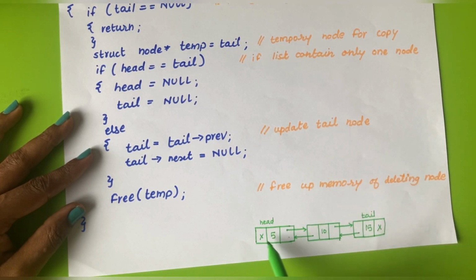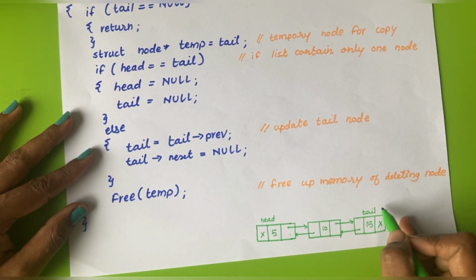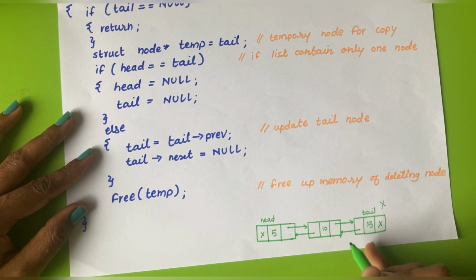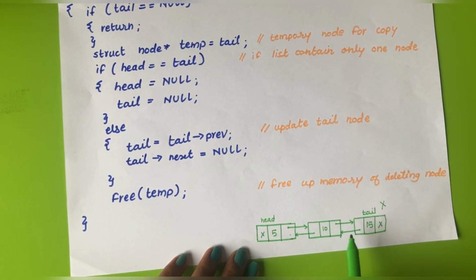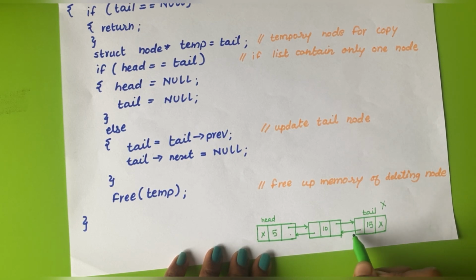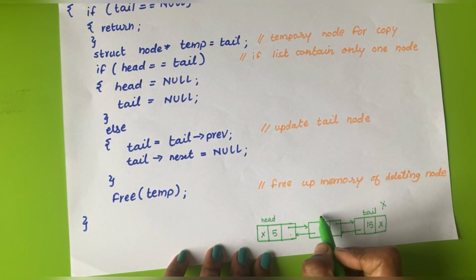Okay, so suppose consider this is our linked list and we have to delete the tail node, or last node, of the given linked list. If I delete this, then what changes will be made in the resultant linked list? We have to change the tail from this node to this node, because after deletion this will be the end of the linked list.